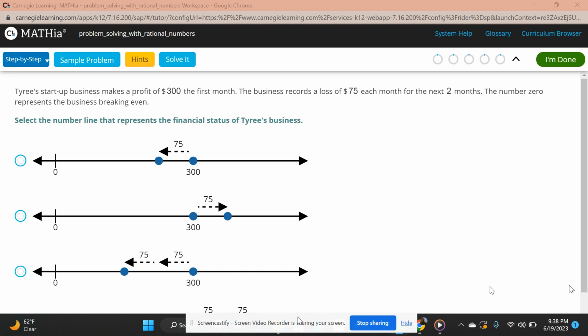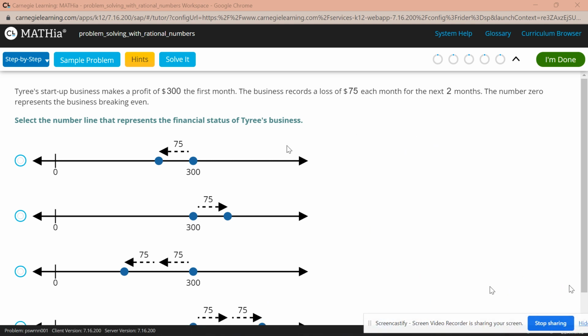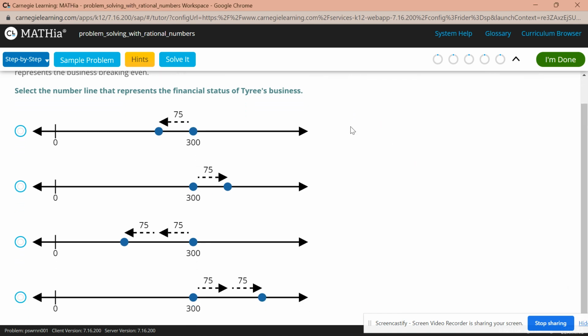Let's take a look at the number lines now that we have talked about this. Here are some number lines. What I see is 300, 300, 300, 300. Very good. How many negative 75s should we have on our number line? We should have 2. So we know A and B, or 1 and 2, these 2 number lines are out. We don't need those.